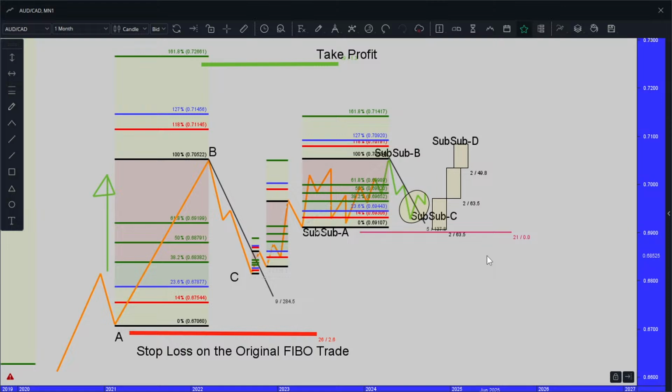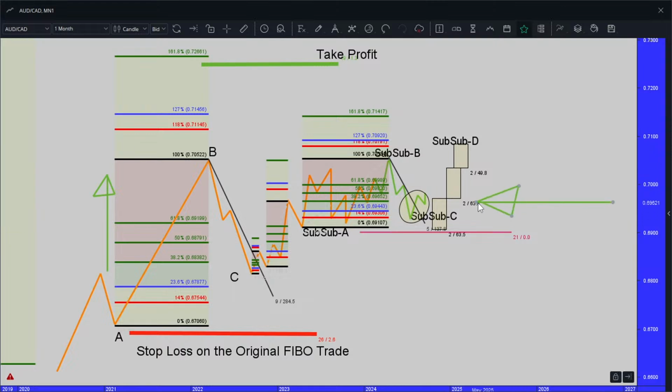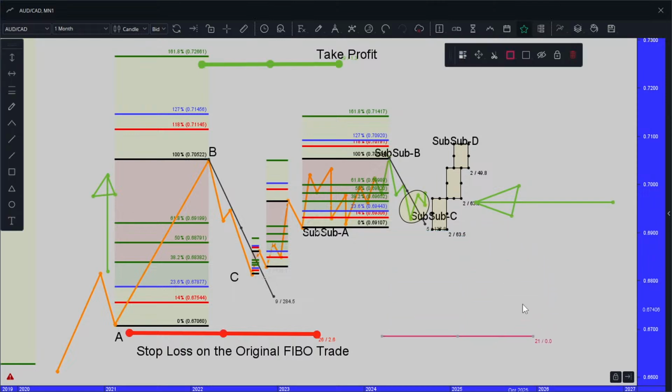Douglas says there is no right or wrong. Well, in this case it is. Everybody, if you enter here at the circle and you put the stop loss down in here, then you are mixing apples with bananas. Does this make sense?